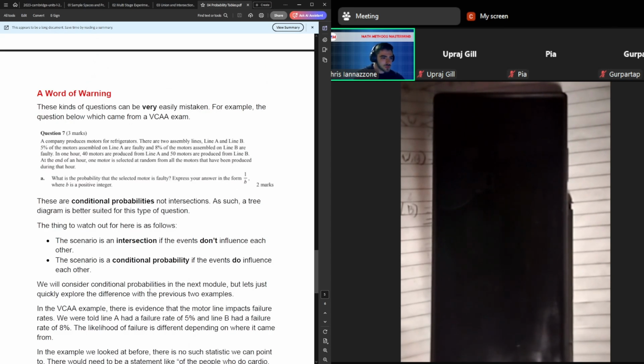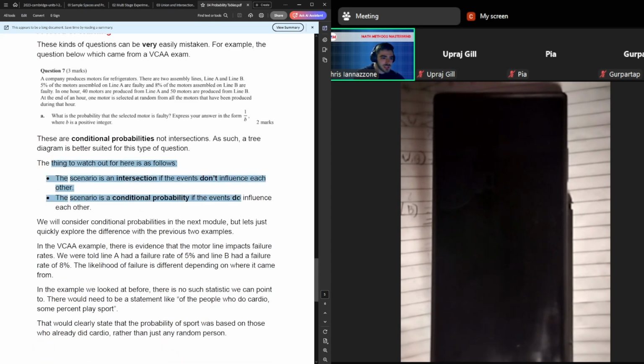This is just a bit of a word of warning. Intersections and conditional probabilities are often mistaken for each other. These are a few things to consider in the back of your mind to figure out whether what you have is an intersection or a conditional probability.